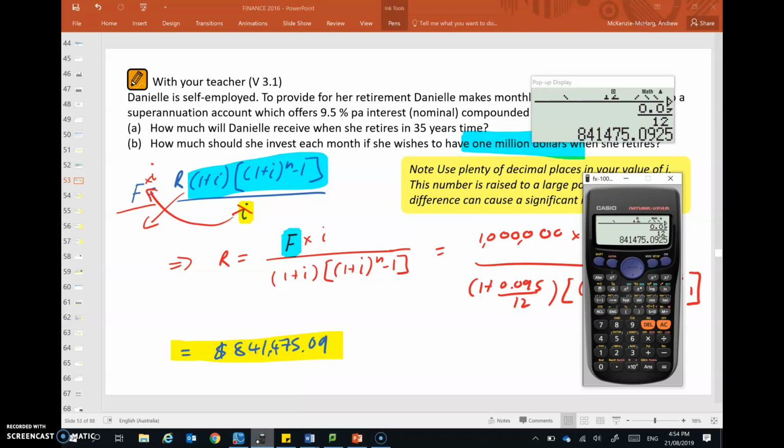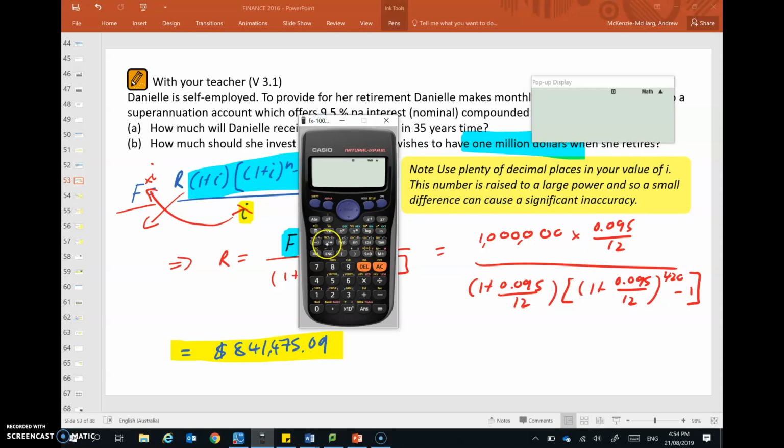So let's see. Get our fraction button going.